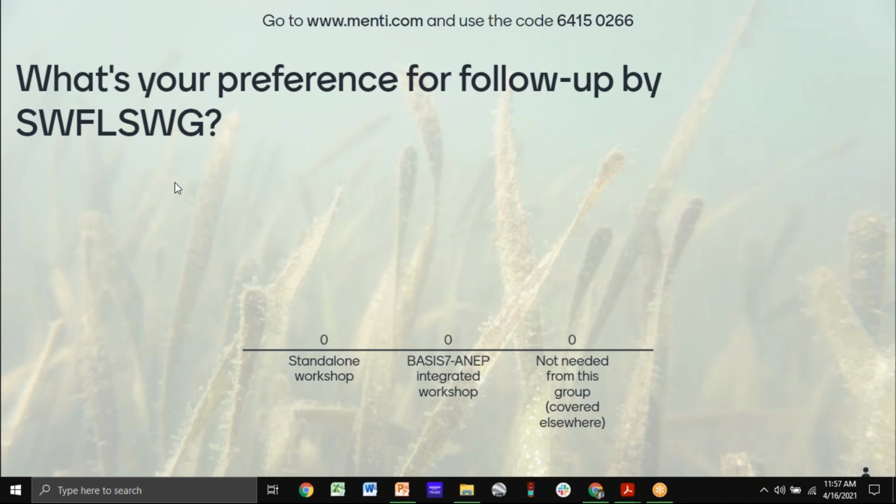Do we want a standalone workshop, potentially either later this summer or in early 2022? We do have BASIS in late October. That's also an Association of National Estuary Program meeting, and multiple people on this call will be involved there. And as a third option, do we not need this group to have this discussion?